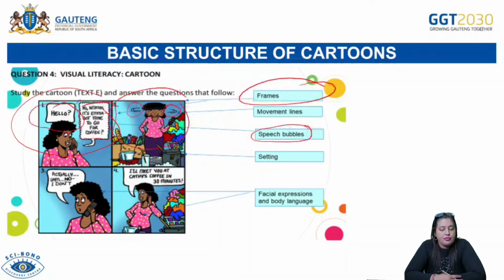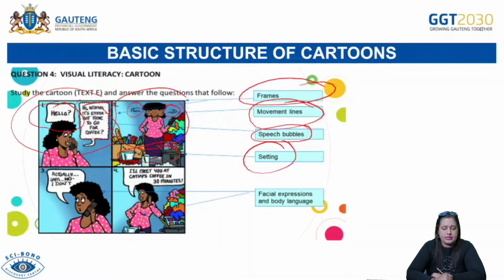Then we've got also to look at the setting in terms of the elements that have been showcased in that particular frame. Where is this action taking place? The next part that you need to focus on is facial expression versus body language. Over 2 frames again, there's a change in her facial expression and her body language.